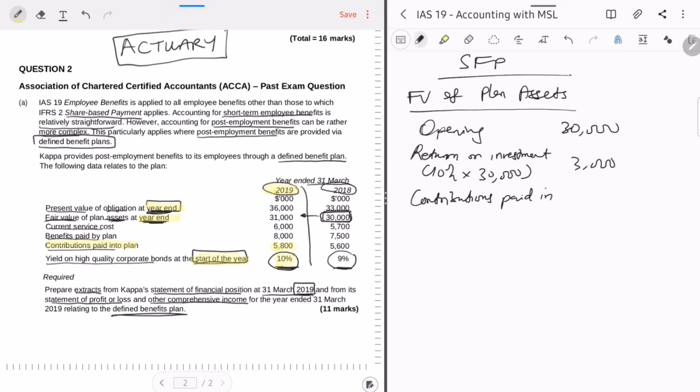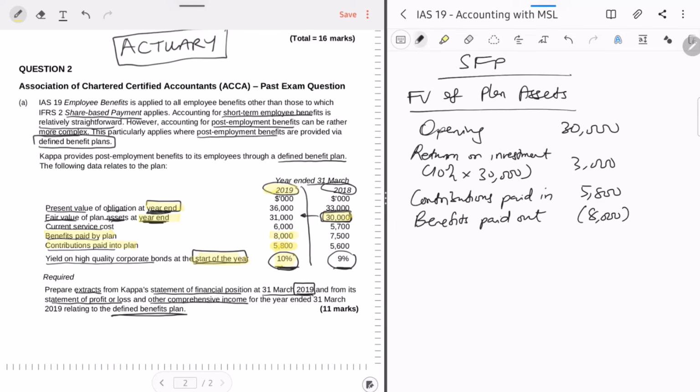So in as much as you are picking the opening from here, please take note it is the current year contributions paid in that you are looking for. So you pick 5,800. Then you less your benefits paid out. Once again, it's here, benefits paid by plan of 8,000. So you deduct 8,000.